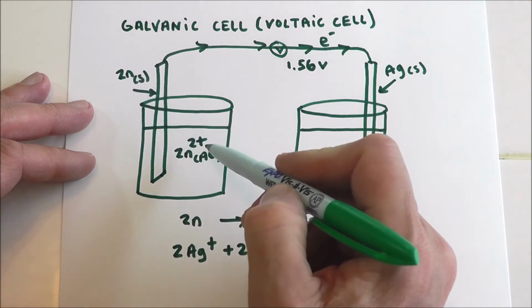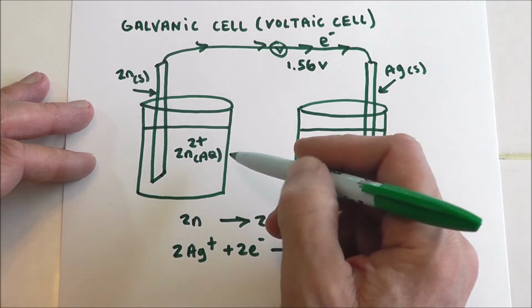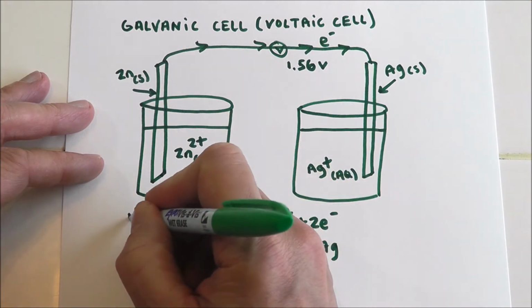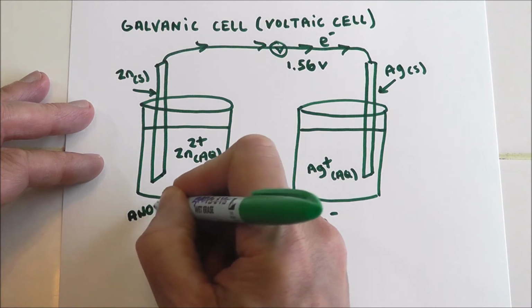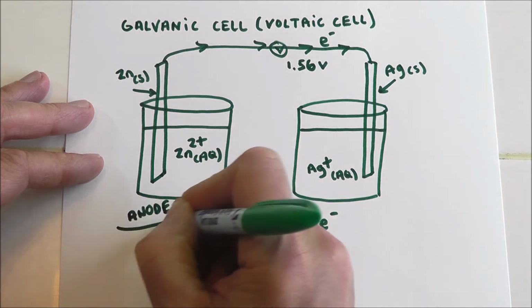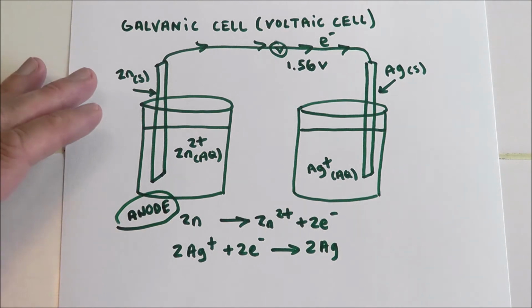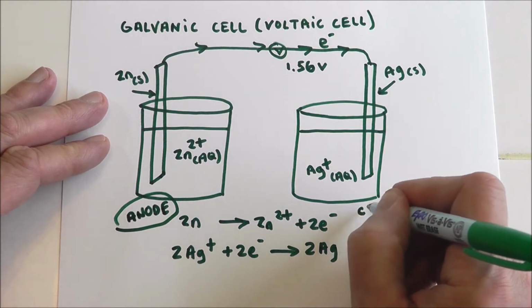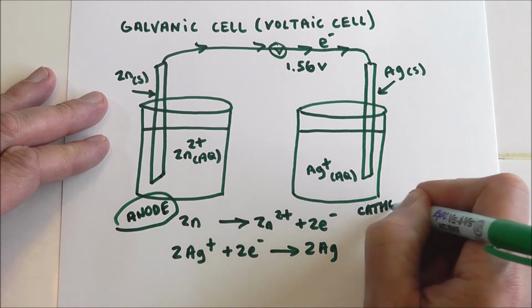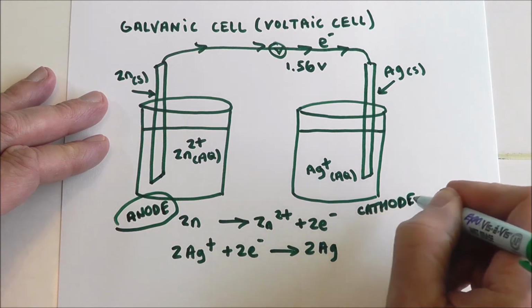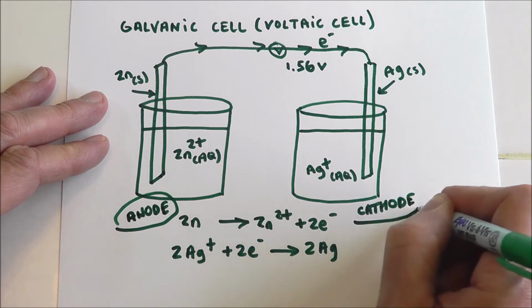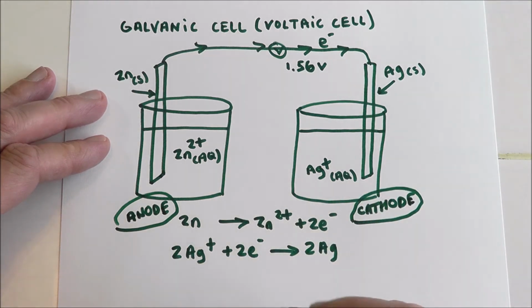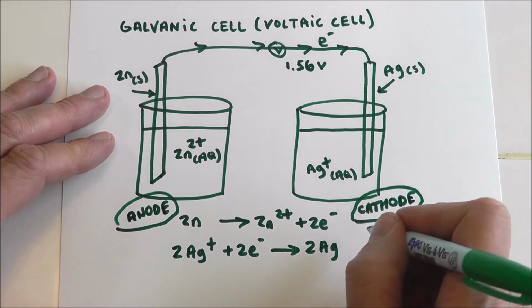This compartment, or any other compartment where the oxidation is occurring, is called the anode. The compartment where the reduction is occurring is called the cathode. Now I've got a real simple memory trick for you. You folks are experts at what's reduction and what's oxidation.